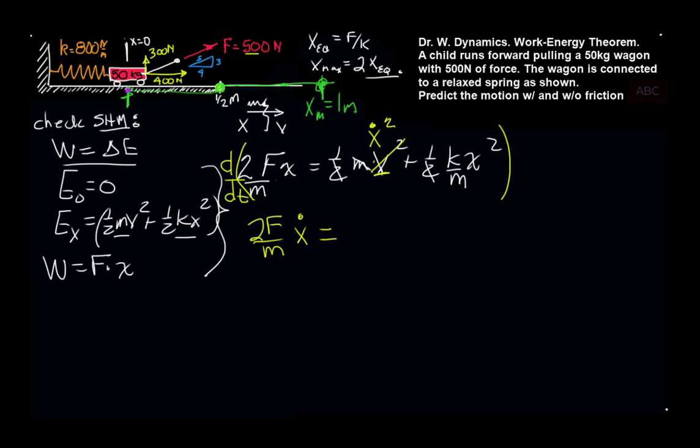And the derivative of x dot squared would be 2x dot times x double dot plus k on m times 2x x dot.